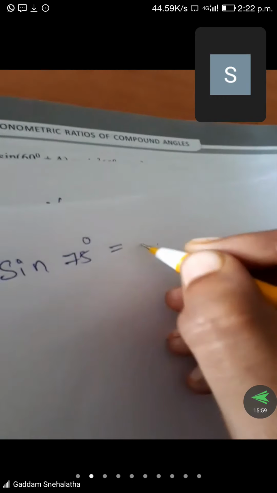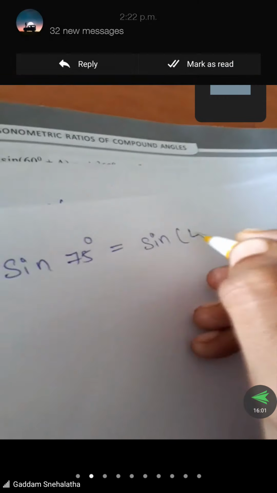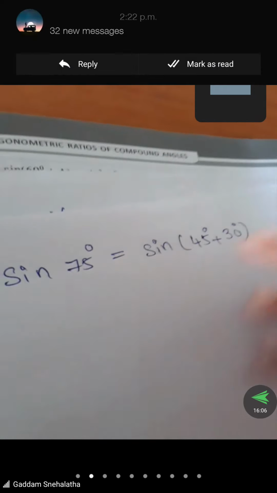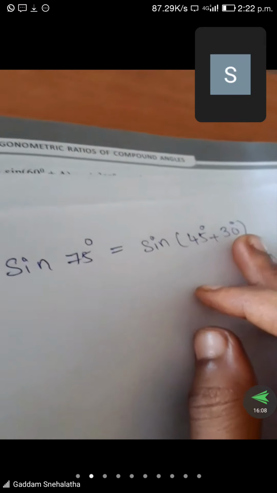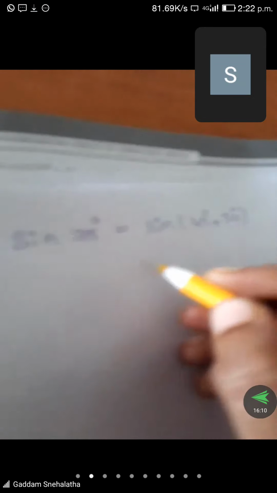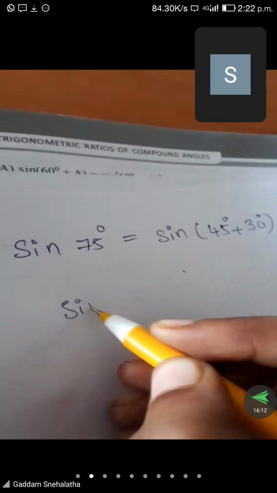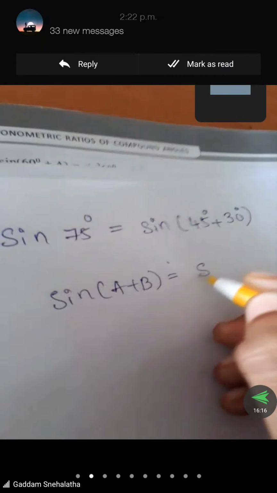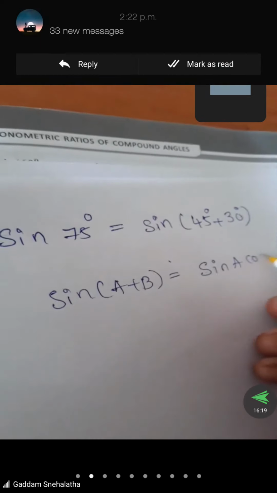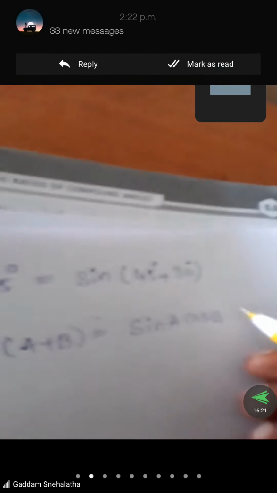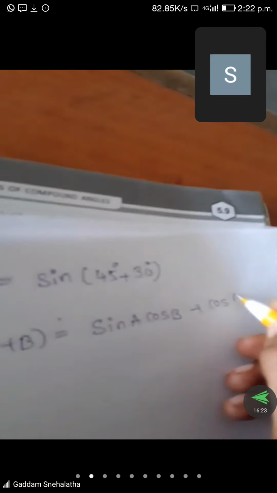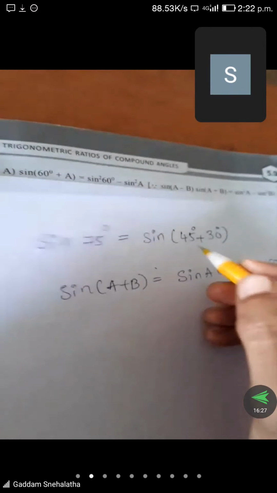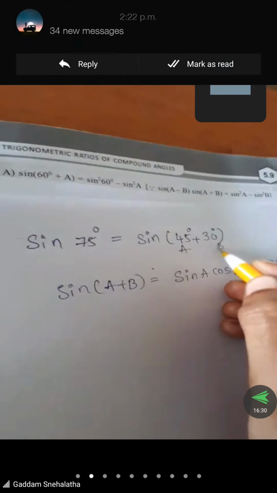If I take sine of 45 plus 30, then we get 75. We know the 45 value as well as the 30 value. So now it is in the form of sine of a plus b. The formula for sine of a plus b is sine a cos b plus cos a sin b. So here this is the a value and this is the b value.